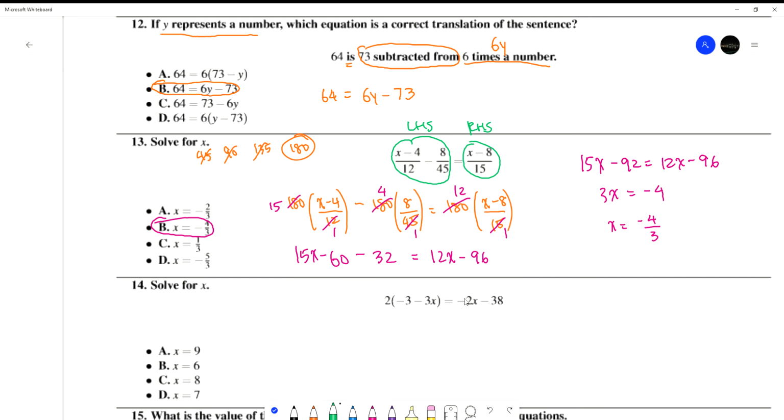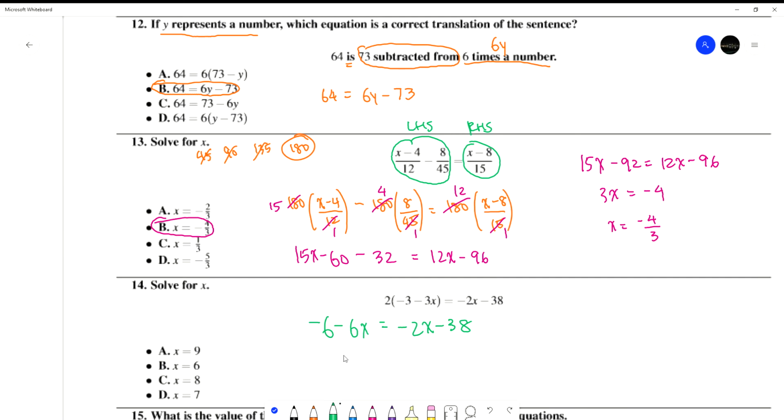The number 14, one variable equation, we have to distribute. So we have 2 times negative 3x is minus 6x is equal to negative 2x minus 38. So I'll gather the x's to the left-hand side. I'll add 2x, right?